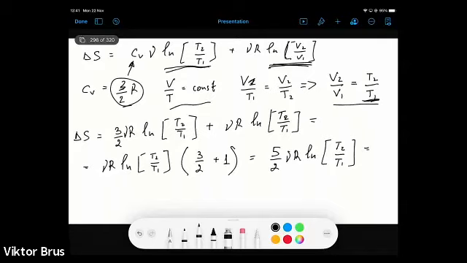Obviously, we can also write that 5/2 nu R natural logarithm V2 divided by V1. So that is also a valid equation for calculating the change of entropy, because we can deal with change of volume or change of temperature.